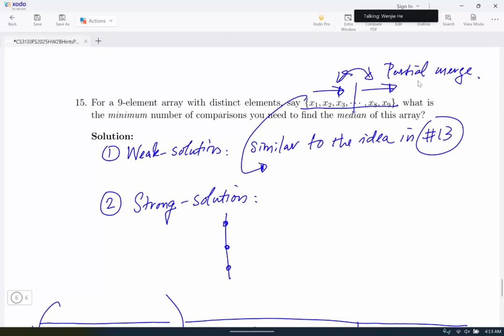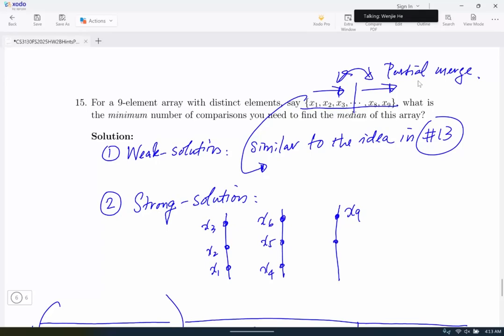So let's say x1, x2, x3 is the first group, then the second group x4, x5, x6, and the third group. Remember, I gave you the description of the general selection problem. Here we use some of the idea in that.